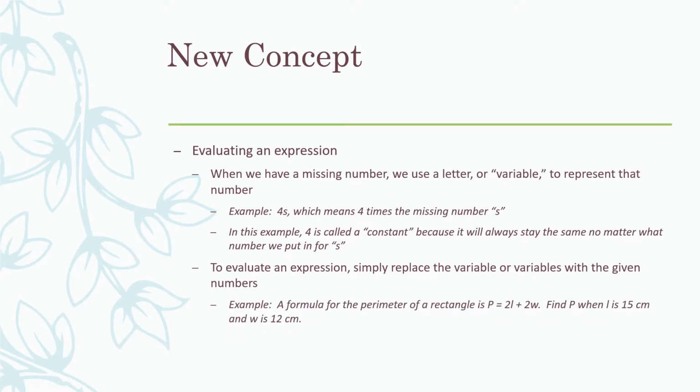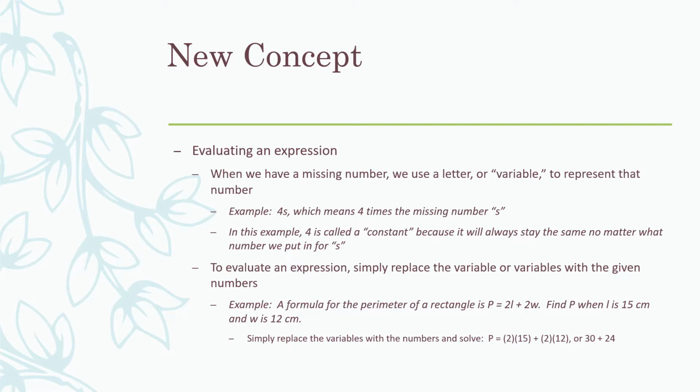A formula for the perimeter of a rectangle is P for perimeter equals 2 times L for length plus 2 times W for width. Find P when L is 15 centimeters and W is 12 centimeters. So all we do is put those numbers in for those letters.